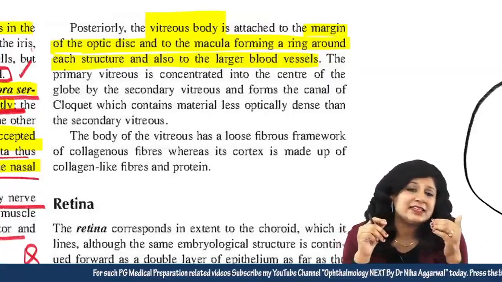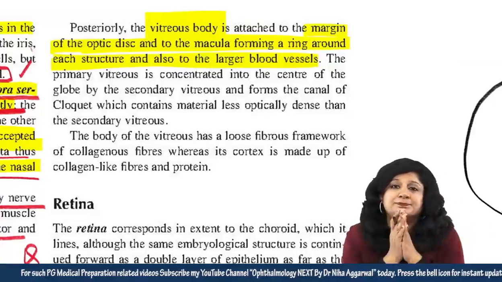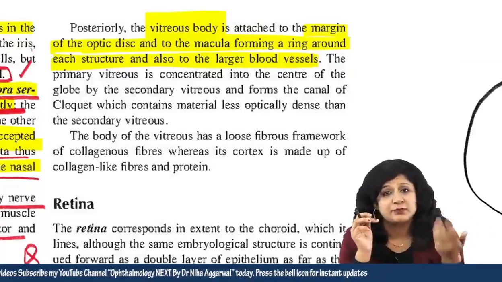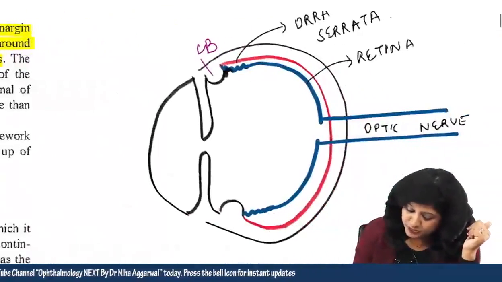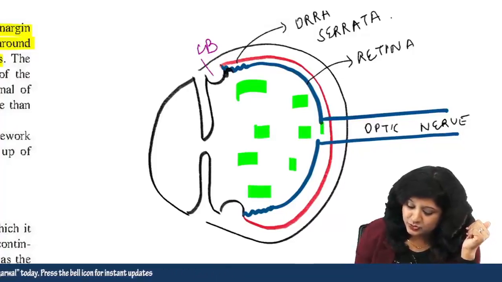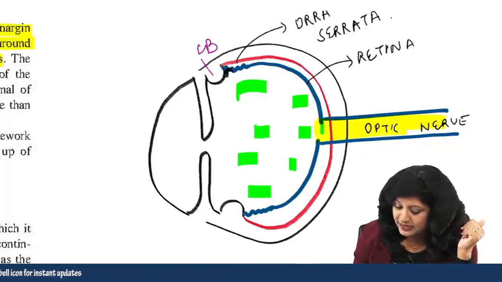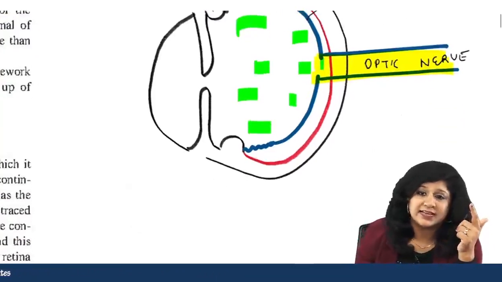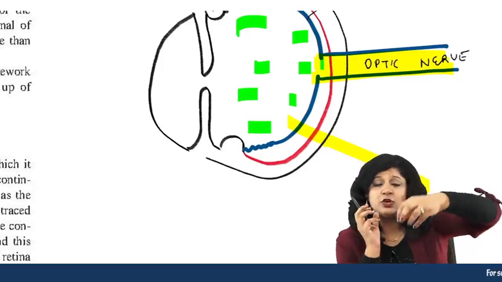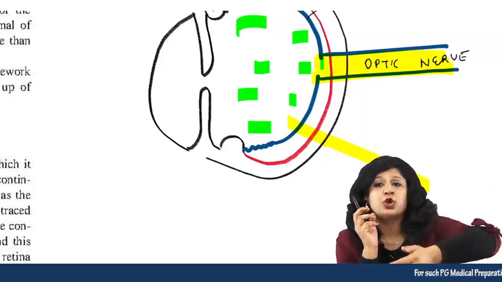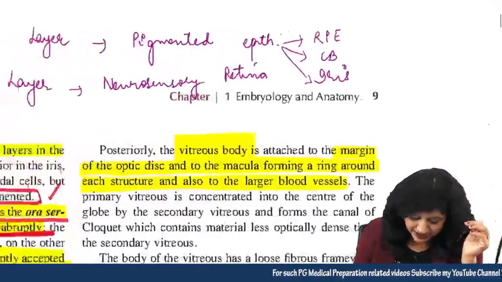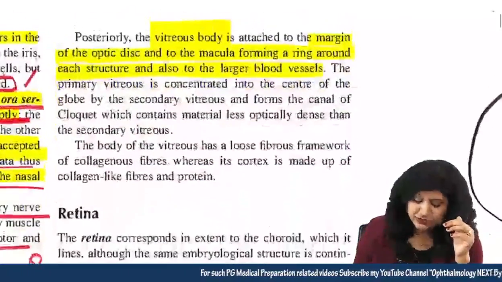Anteriorly, it is connected to the posterior surface of the lens with the help of Wieger's ligament. Similarly, posteriorly, the vitreous is attached to the optic nerve, which is present nasally, and slightly temporally I will have the macula. So it has a dense attachment to the optic disc as well as the macula, and they form ring-like structures around these places.